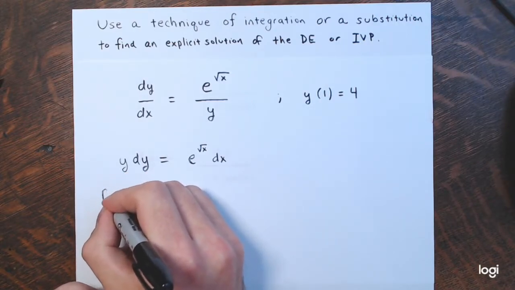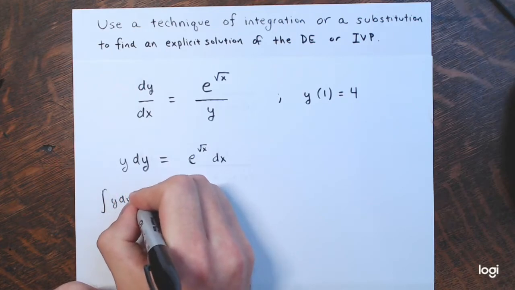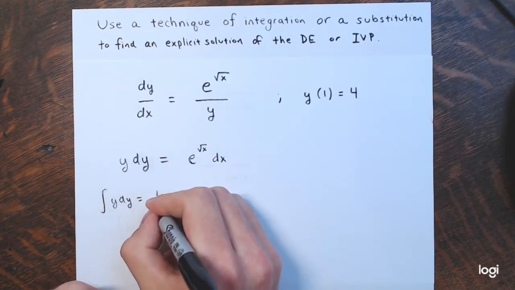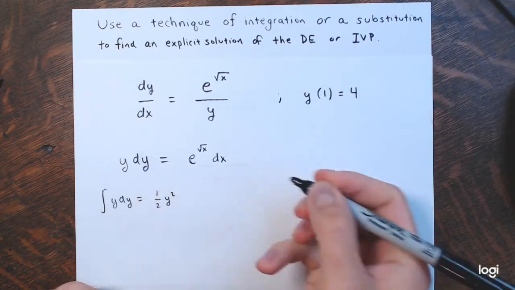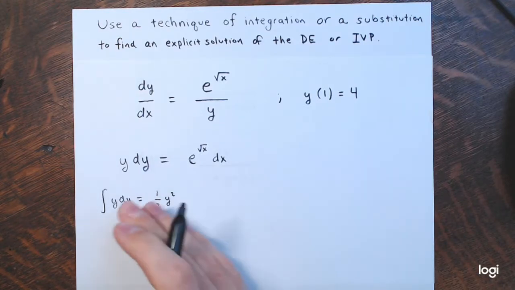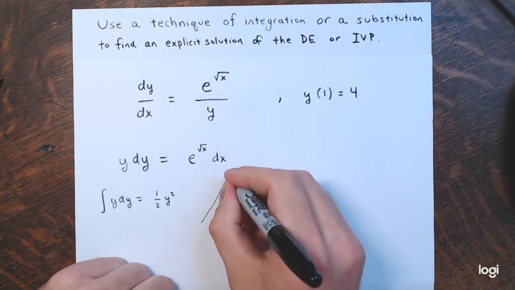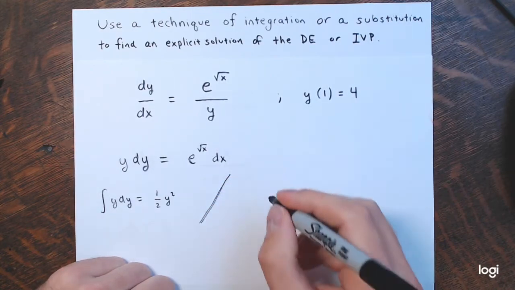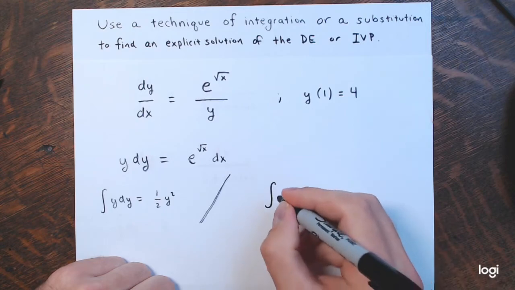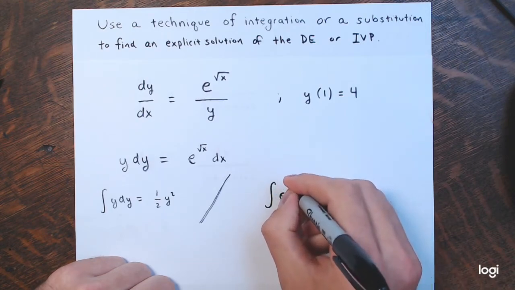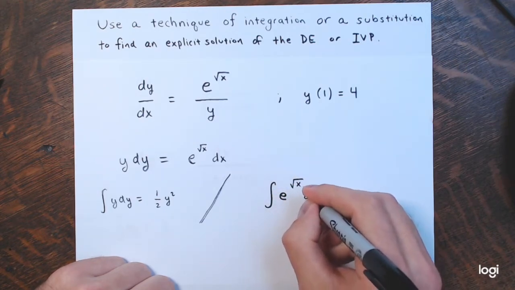Integral of y dy would be half y squared, plus some constant. But again, I'm going to wait to put the constant up on the right side. And on the right side, we have the integral of e to the square root of x with respect to x.